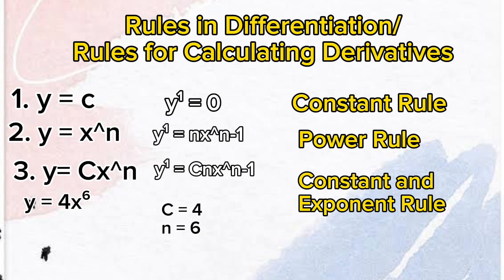So our constant is 4 and the exponent is 6. Now, y prime is equal to 4 times 6 x raised to 6 minus 1. Simplifying, we have 24x raised to the 5th power. So using this constant and exponent rule, this is how we should solve that.